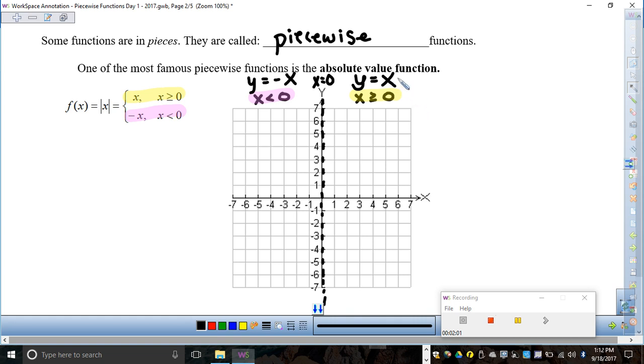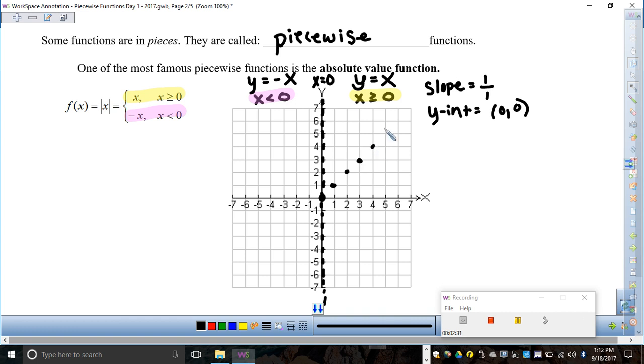If we start on the right side here, if we think about this equation for the line y equals x, we have a slope of positive 1, or you can think about it as 1 over 1, thinking about rise over run, and the y-intercept is 0. So on the right side, we're going to think about our y-intercept here being at 0. We'll get our slope up 1 over 1, up 1 over 1.